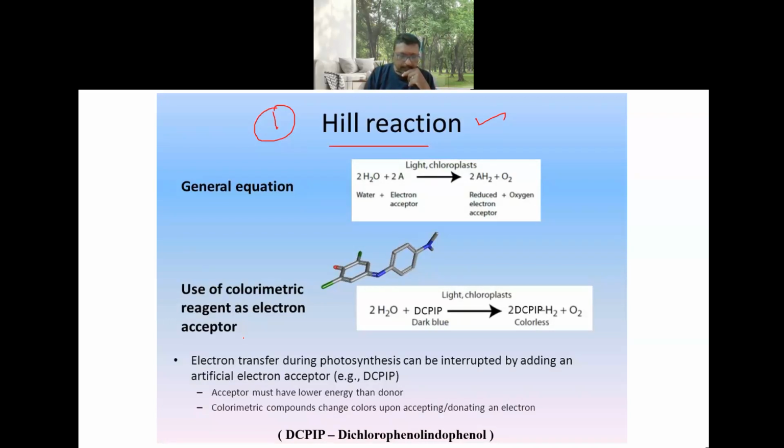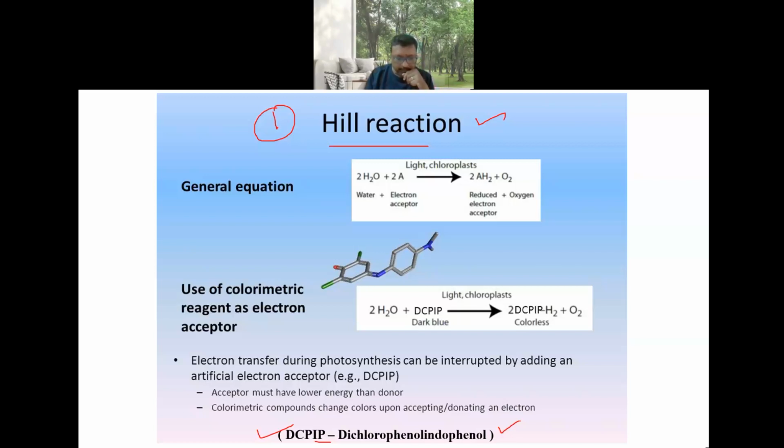He demonstrated that isolated chloroplasts could release oxygen in the presence of sunlight and a suitable hydrogen acceptor such as potassium ferricyanide, or DCPIP, which is dichlorophenol indophenol. It is popularly known as Hill oxidant or Hill reagent. In plants, NADP plus acts as the hydrogen acceptor and water acts as the hydrogen donor.